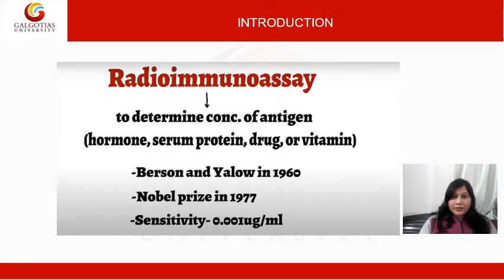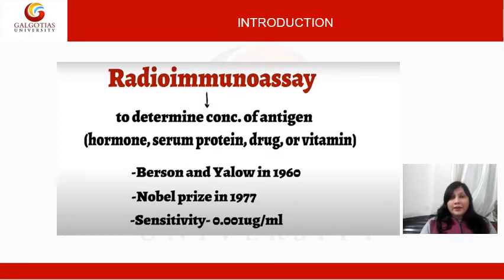And as I already told you, this technique is very sensitive and the sensitivity of such a technique is 0.001 microgram per ml. Now you can understand that this technique can be used to quantify such a little amount of foreign particle or hormone or virus or bacteria within the given sample.